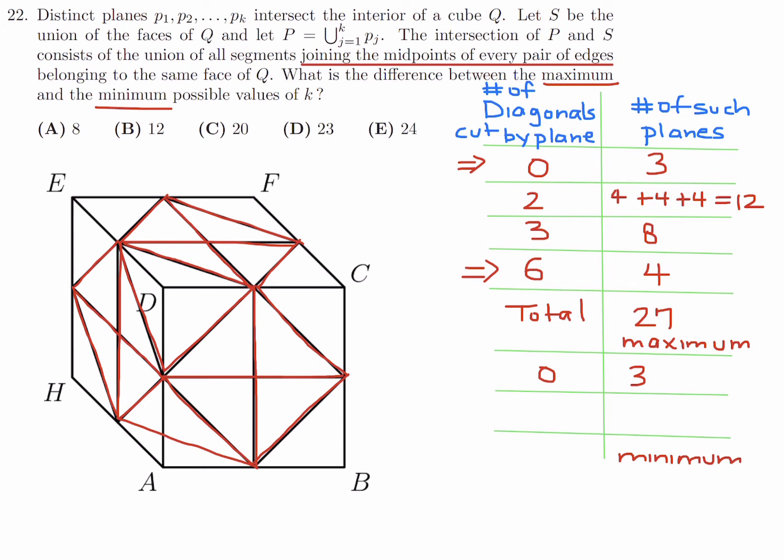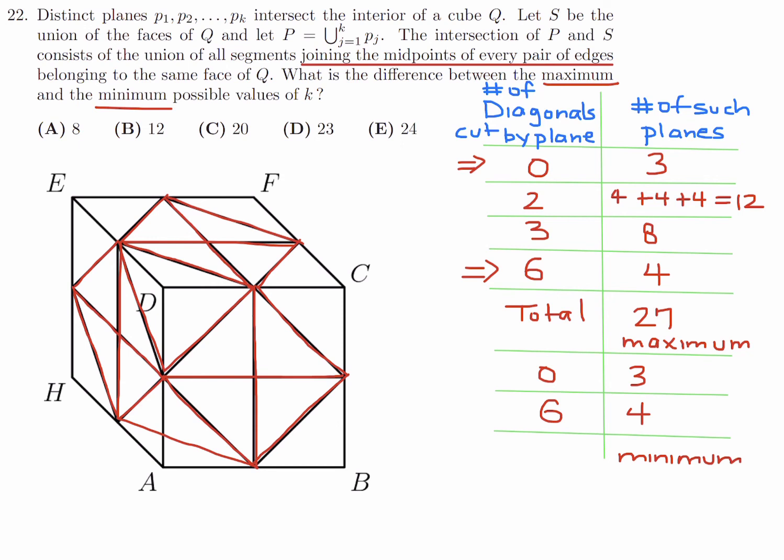But I encourage you, if you're practicing, make a little cube for yourself. You can use a Rubik's Cube, or you can just make a paper cube and do that. And you'll see that all of those midpoints, all of those lines that join the midpoints from the edges will be covered if you use these 4 planes that belong to that category of planes.